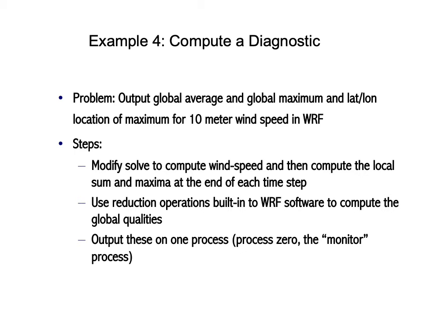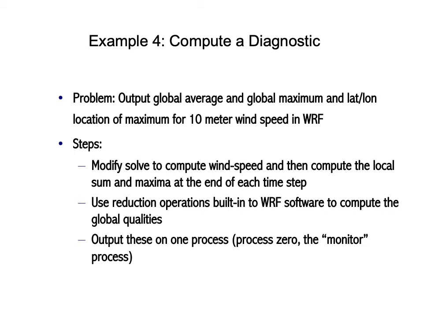So for the 10-meter wind speed, which is a 2D array, at every output time period, we're going to compute an average of that entire 10-meter wind speed. We're going to also select what the maximum value is and the location of that maximum value. We start this by doing a computation similar to the way that we would do it if we did not have any distributed memory processing going.